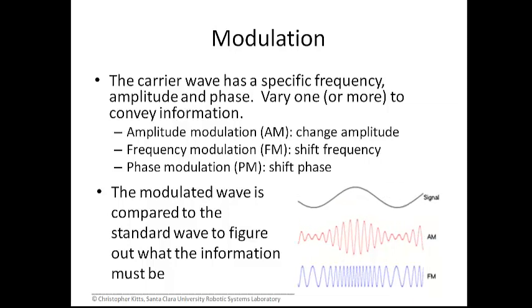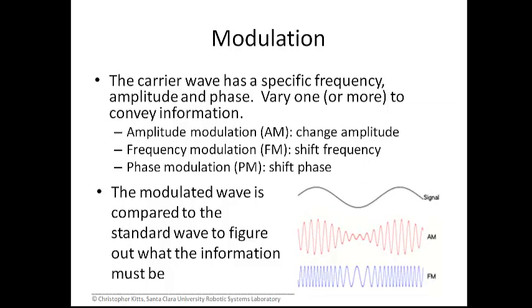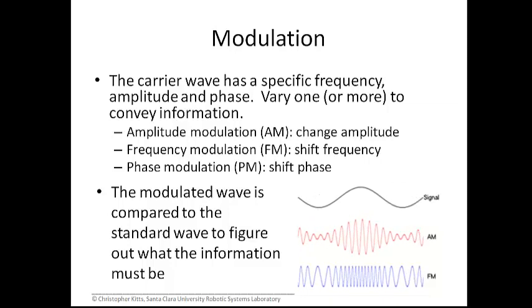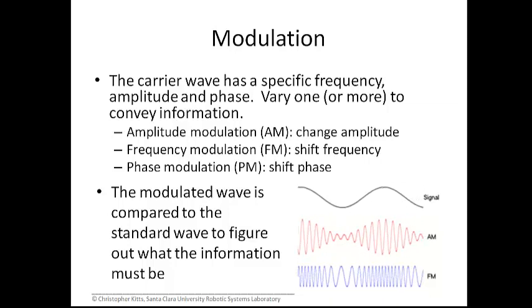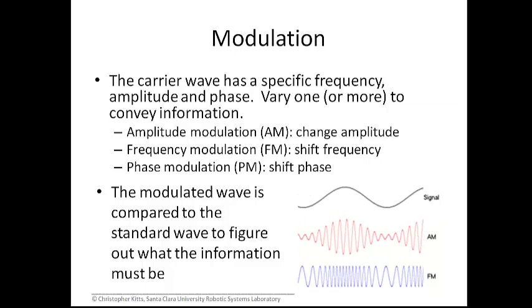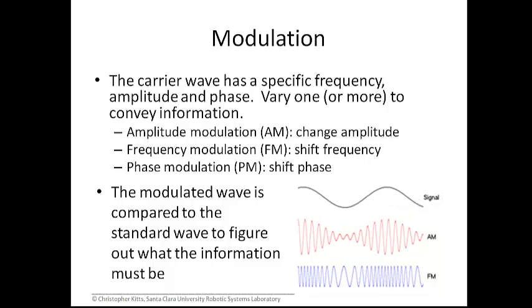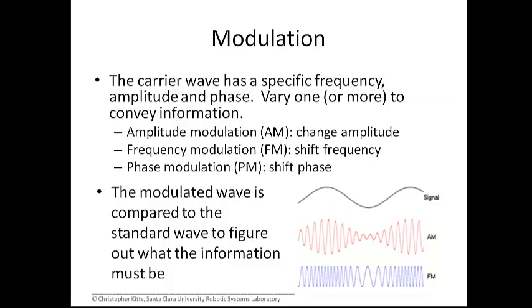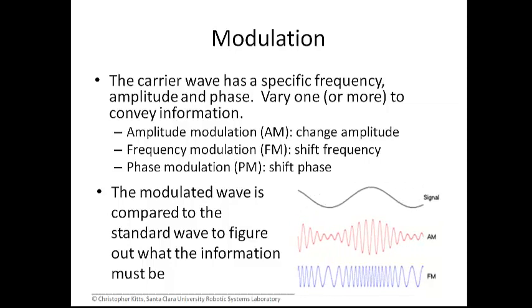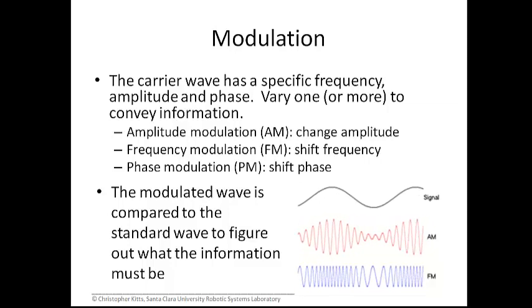In the graphic you see there, on the lower right-hand portion of the slide, you have our baseband signal at the top, and then you have an amplitude-modulated version of a higher frequency carrier wave, and next a frequency-modulated version of a higher frequency carrier wave. In the amplitude or AM version, you can see that we're changing the amplitude of that higher frequency wave, and the amplitude is varying right along with how the original baseband signal varies.